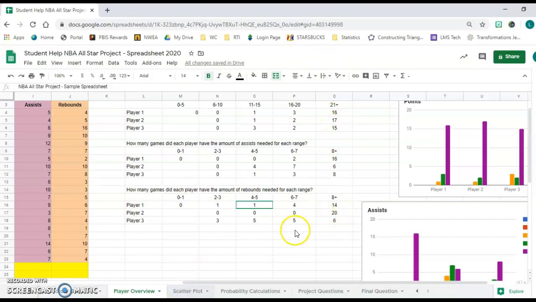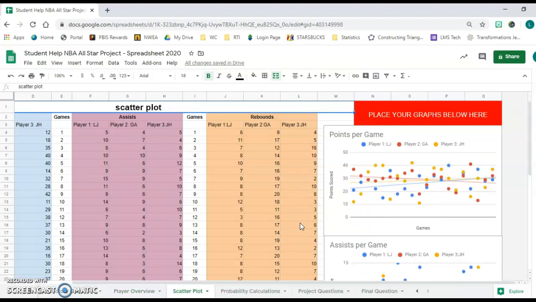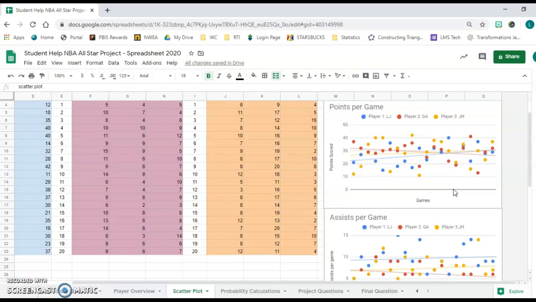Your scatter plot gives you a visual of that. And so your scatter plot can tell you, is your player consistent like James Harden was when he was scoring, or is he actually decreasing as the year goes on, like Giannis, or is he increasing like LeBron is? So you need to decide what is more important to you.